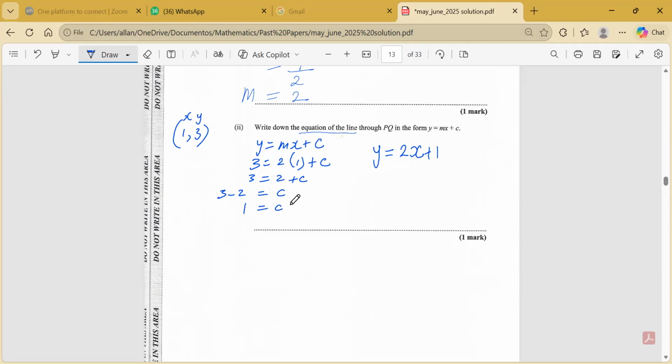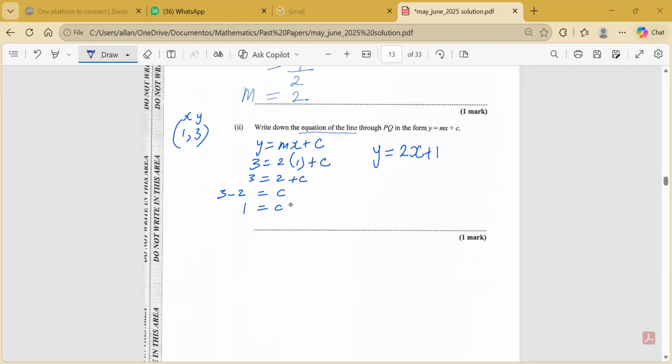C is 1 and M is 2. So this is wrong. And Antonio, you have to find for C first. You have to find for C.